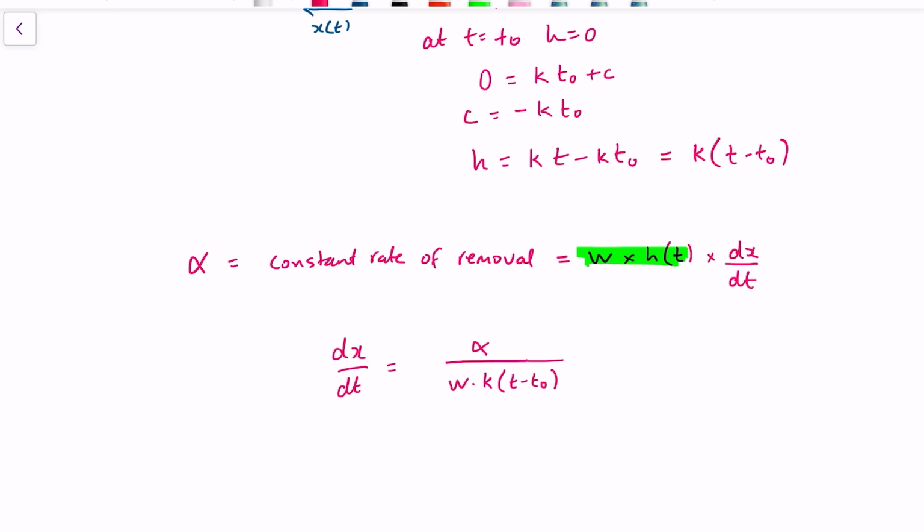It's a differential equation that is separable, or the right-hand side is just a function of time, so we just anti-differentiate both sides, and we get x is equal to alpha over wk, okay, that's just one big constant, times ln of t minus t naught, where t is the amount of time that it's been snowing.